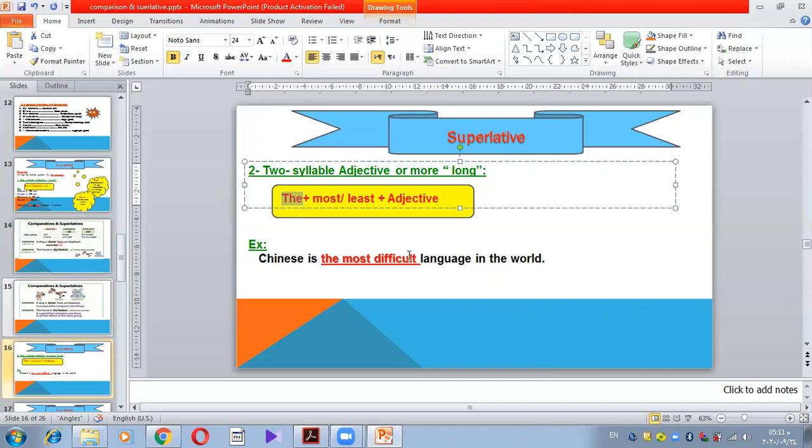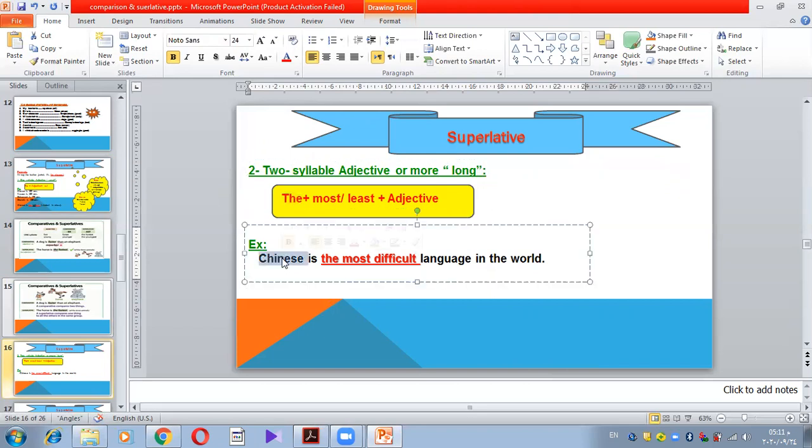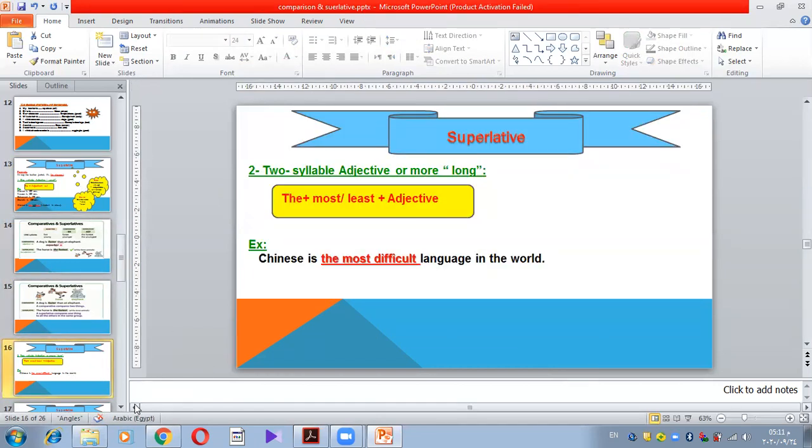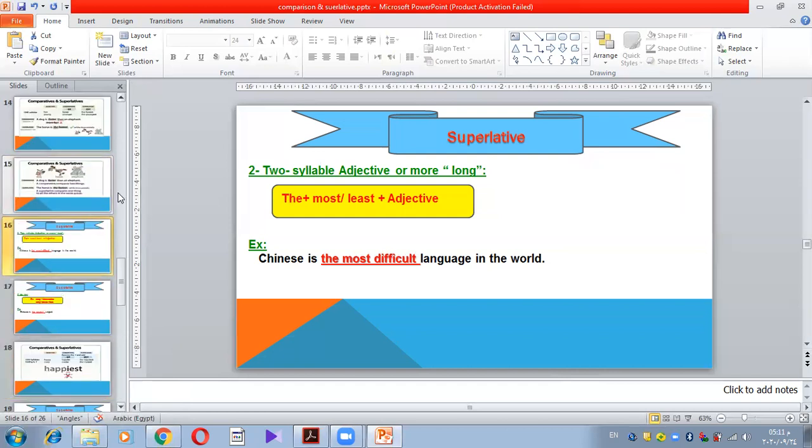Difficult. We can't do this. So we say Chinese, for example, as a language, is the most difficult language in the world. I'm speaking here about what? Chinese only. I don't compare it with just one. I compare it to all the languages in the world. Okay, so I'm speaking about one compared to all. So Chinese is the most difficult language in the world.